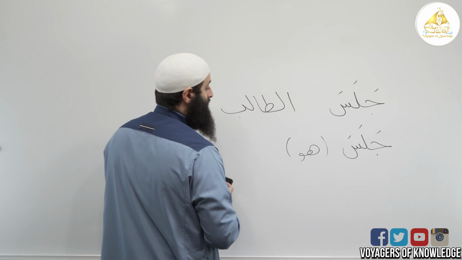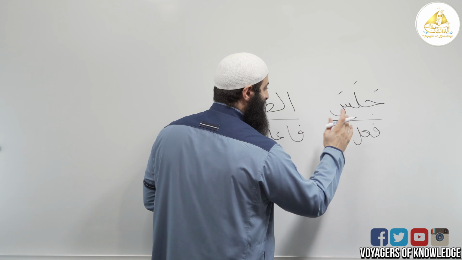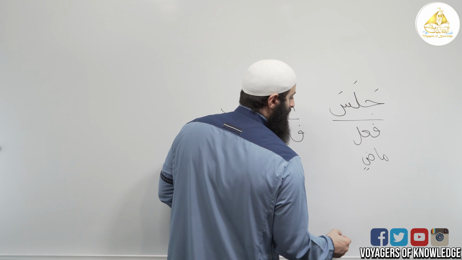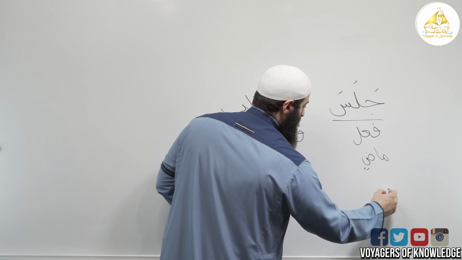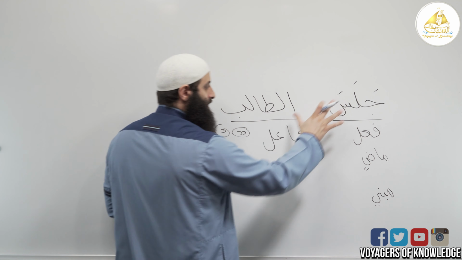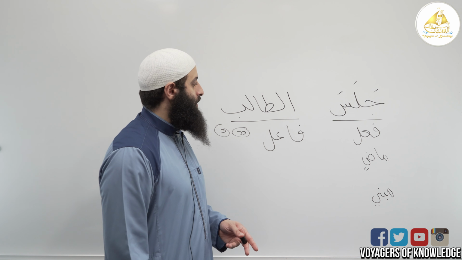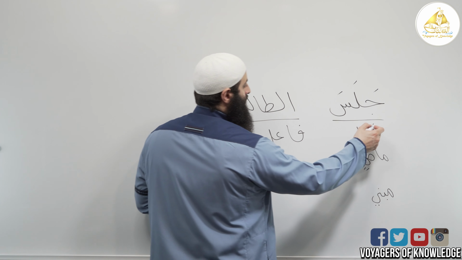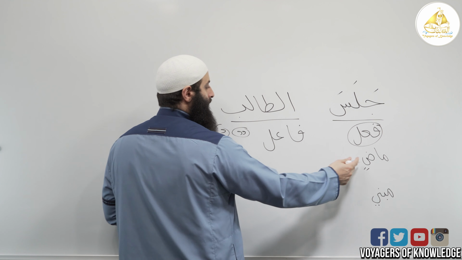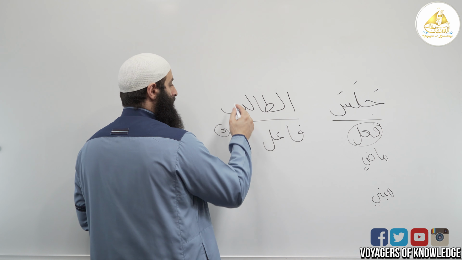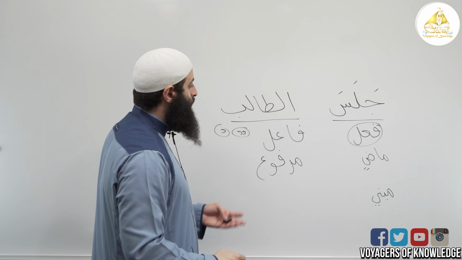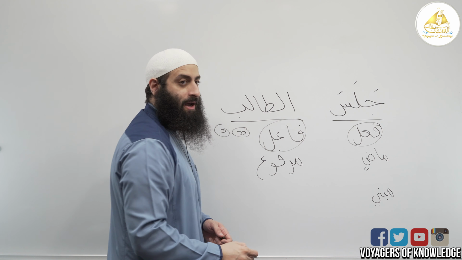And the fi'l, it's going to be a verb, and if it's a past tense verb, فعل ماض, past tense verb is going to be مبني. This is مبني, it doesn't change. All right? You're going to say, wait, where's the مبتدأ? Where's the خبر? Because over here you said فعل ماضي مبني. And this is فاعل مرفوع, right? Where's the مبتدأ and خبر?